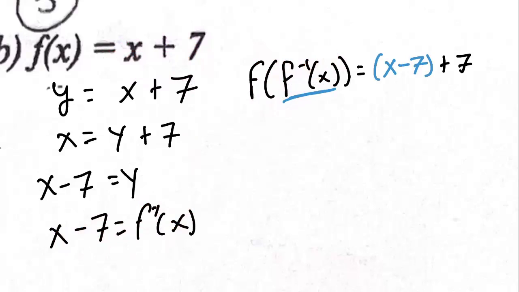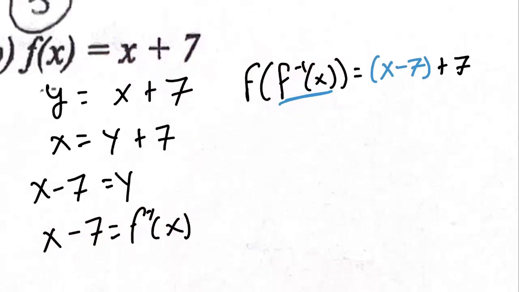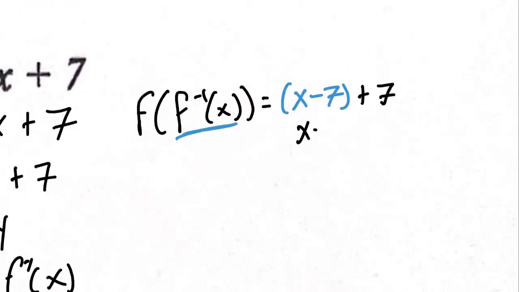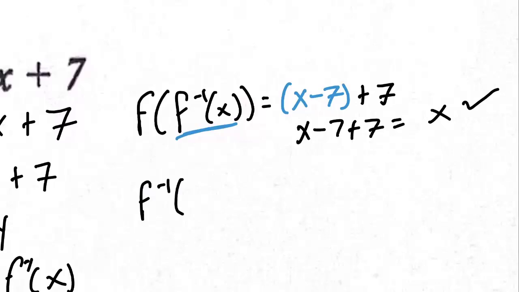And so when you simplify, x minus 7 plus 7 gives me just x. That is true. So now we're going to go backwards. f inverse of f of x.